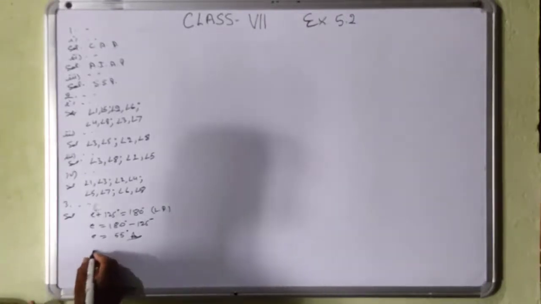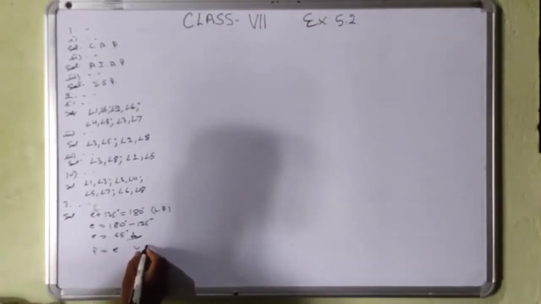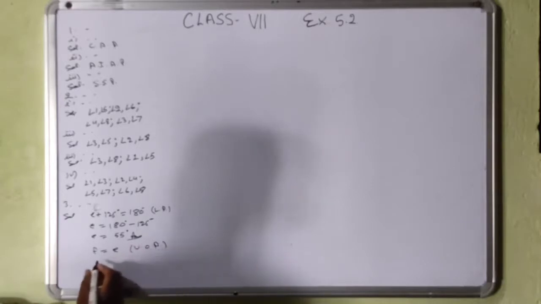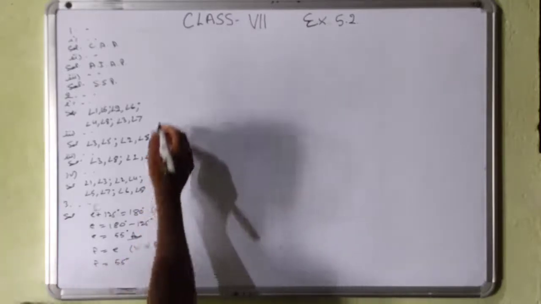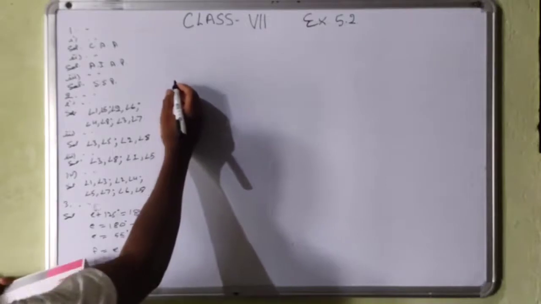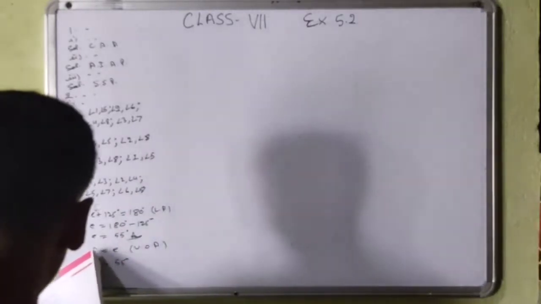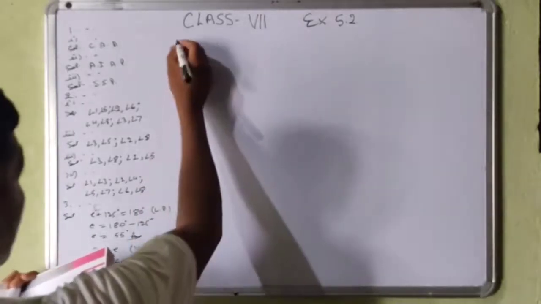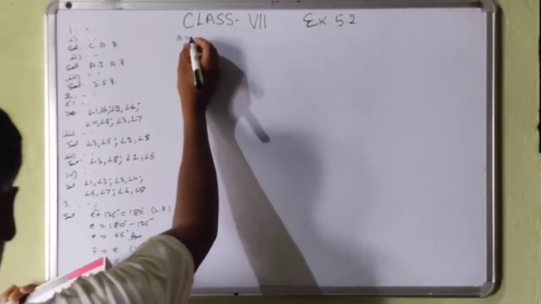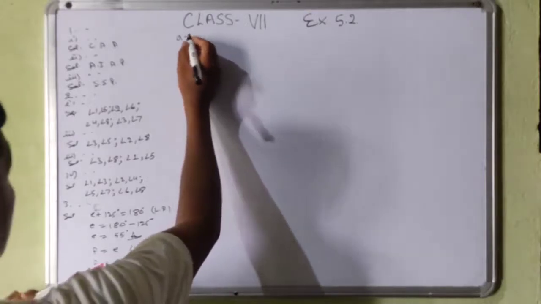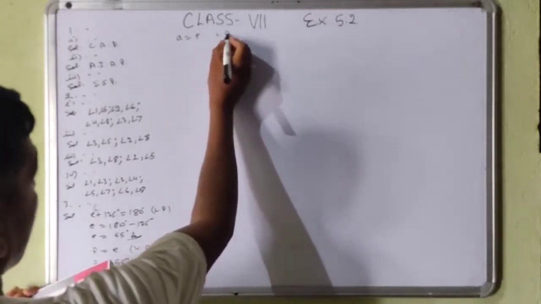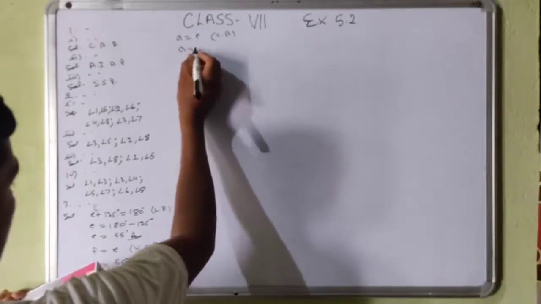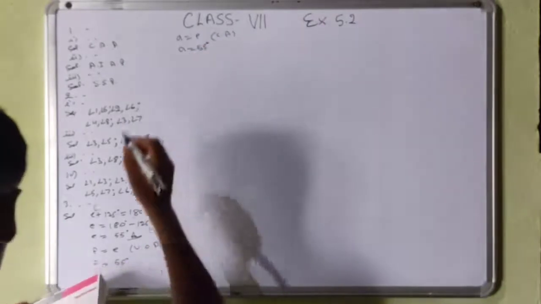Then F is equal to E by vertically opposite angles, so F is equal to 55 degrees. Then angle A is equal to E by corresponding angles, so A is equal to 55 degrees.